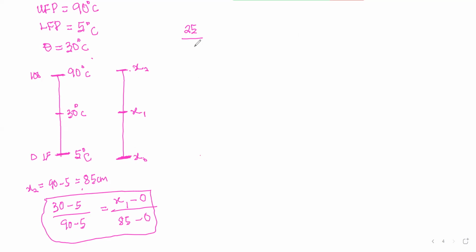So 25 over 85 is equal to x1 over 85. And x1 will be equal to 25 centimeter. So this is the value of the length of the mercury thread above the lower fixed point.